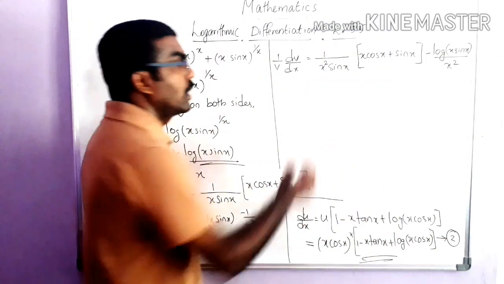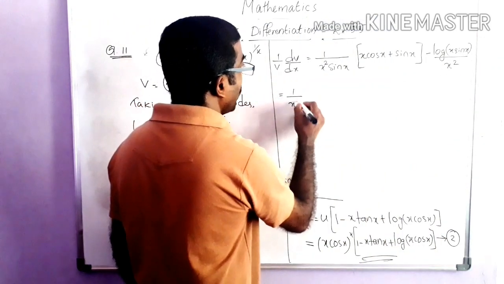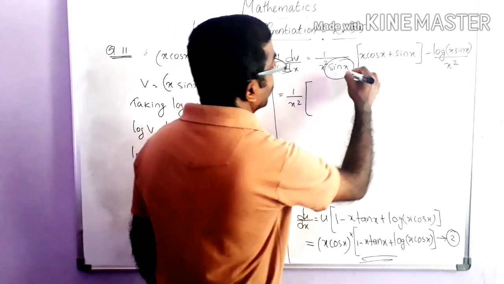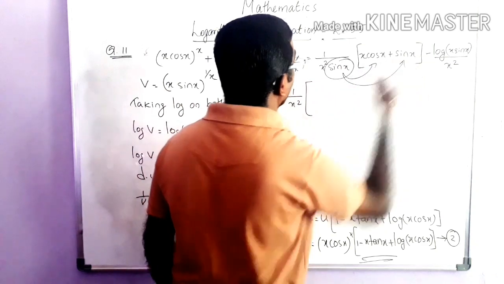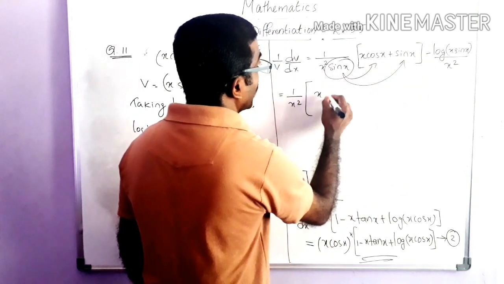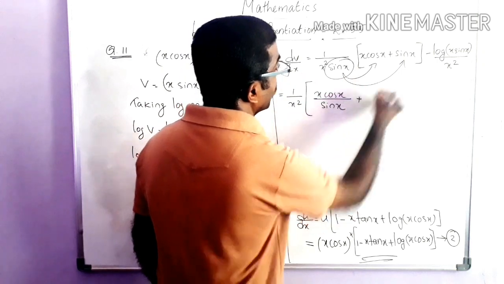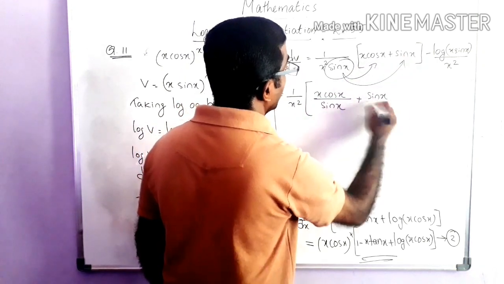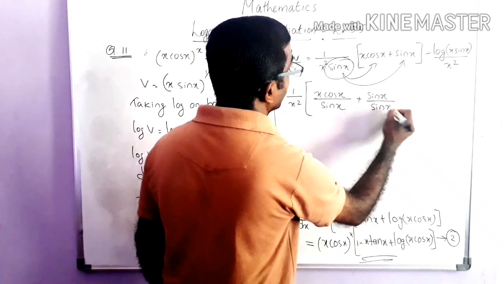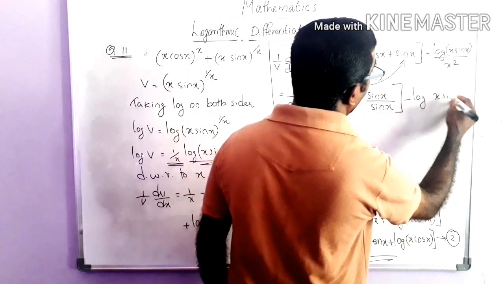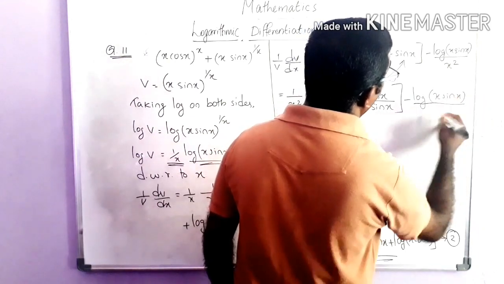Okay. Now I keep 1 by x square outside and multiply this sin x inside the bracket. So here x cos x divided by this sin x, then plus second term is sin x divided by this sin x, then minus log of x sin x divided by x square.